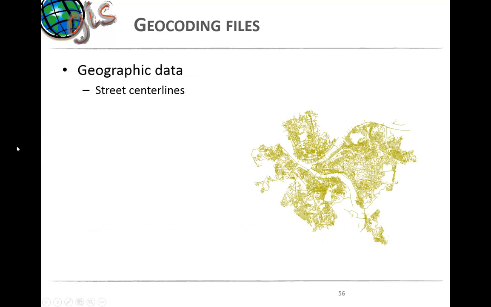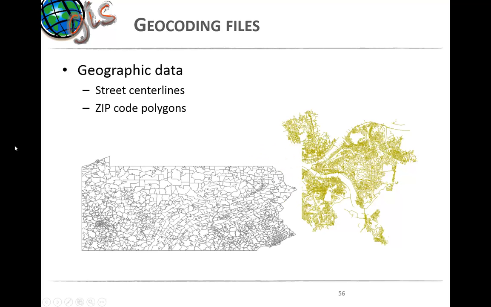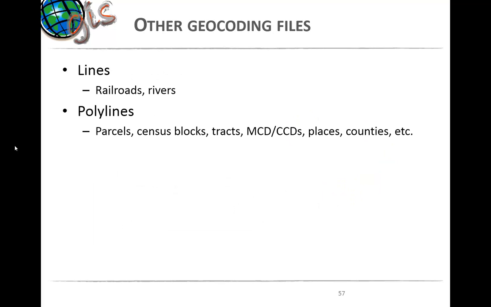So we need street center lines, and then we need zip code polygons, perhaps if we are trying to map centroids of zip codes or something. And then other geocoding files could be, you could map railroads, rivers, perhaps if you are trying to map parcels, you can have parcels, census blocks, census tracts.